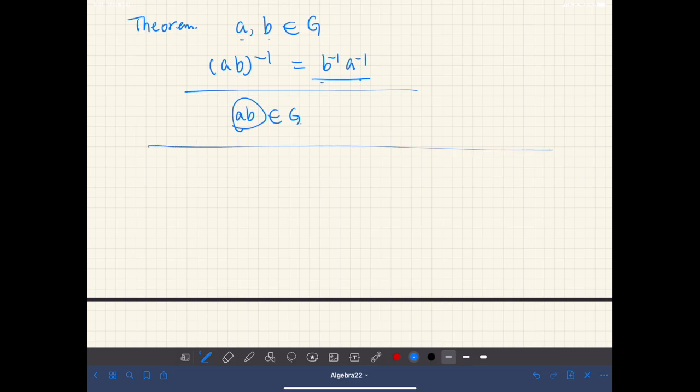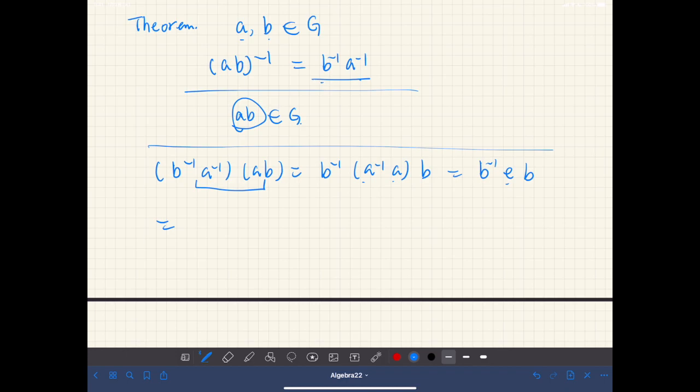Okay, so let's prove this. Proof is actually easy. So B inverse A inverse times AB is, by associativity, we have this. So this first. And since A inverse is the inverse of A, of course, that's the identity element.